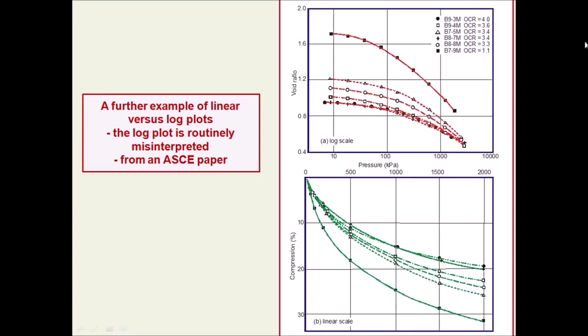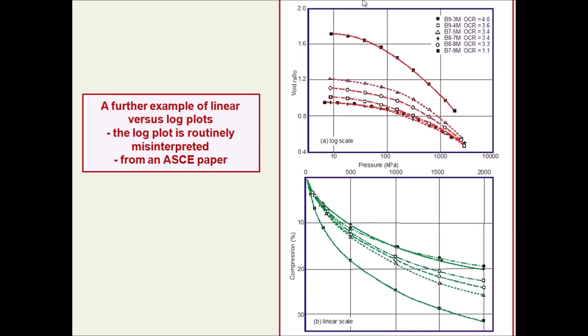Again, the top graph here is taken from an ISSMGE publication some years ago, and they are tests on samples from the Piedmont Formation in the southern states of America. I know nothing about it other than the fact that these samples were taken and these graphs were plotted, and from them the pre-consolidation pressure was estimated.